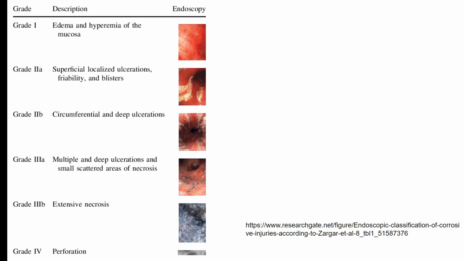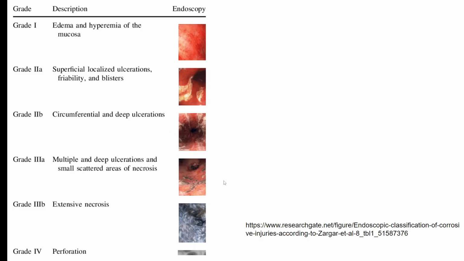Corrosive esophagitis is again classified into 4 grades, a standard grading of this corrosive esophagitis. Initially the grade 1, where you have mild edema and hyperemia, which we see quite frequently. Then ulcerations, superficial ulcerations, friable conditions, and blisters, or deep ulcerations.